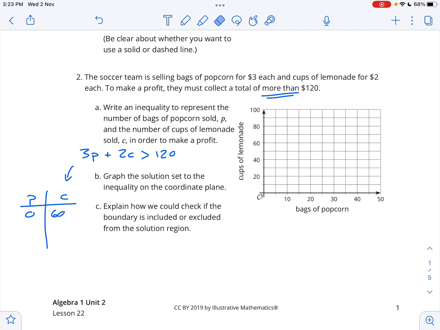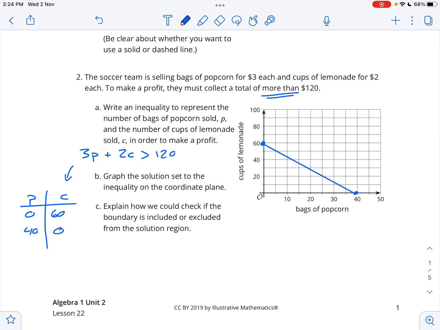And then if I make c equal to 0, then p would have to equal 40. Okay, so here, 0, 60 is going to be right here, and 40, 0 is going to be right here. And if this was just a line, I would just go ahead and connect these, and that would be my line.